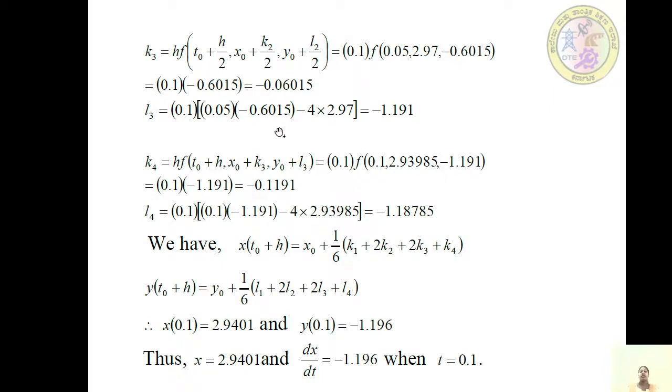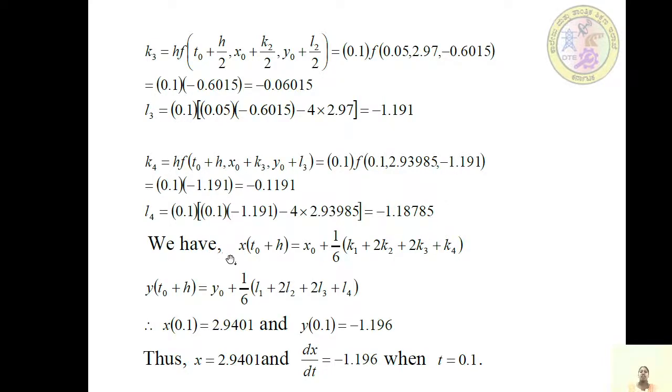On simplifying this, we get 0.1 into, it is your y term, minus 1.191. Multiplying these two, we get minus 0.1191. So L4 equals 0.1 into, that is t, 0.1 into y minus 1.191 minus 4 into x, which is 2.93985. Multiplying this, we get minus 1.18785.